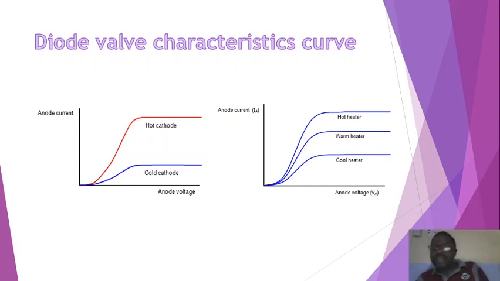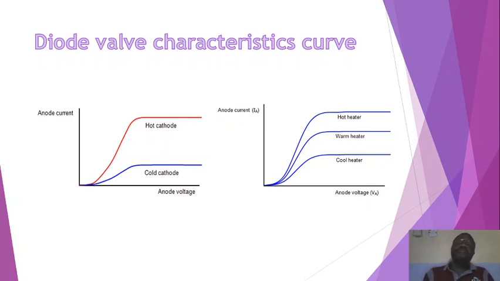Now in the next curve, we consider three situations where we have a cold heater, a warm heater, and a hot heater. We see that the curve shows that the hotter the heater, the higher the saturation current. And a high saturation current is always what is preferred in rectification.